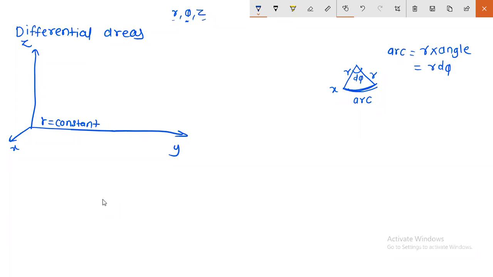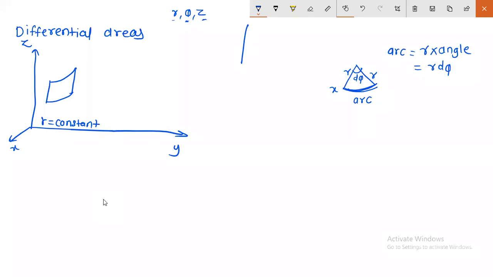Okay, so here we have to show this. If r is equal to constant, then r into d phi will be present, and your z will be present, that is small dz, which is the vertical z-axis.